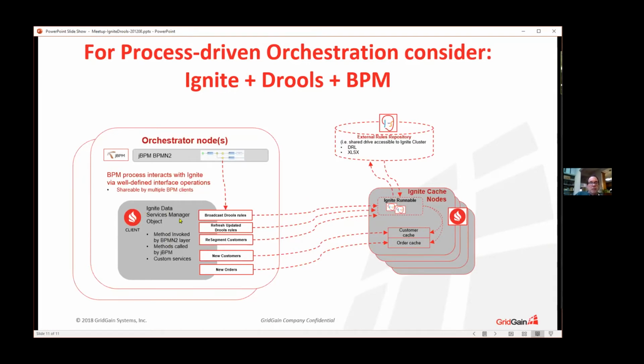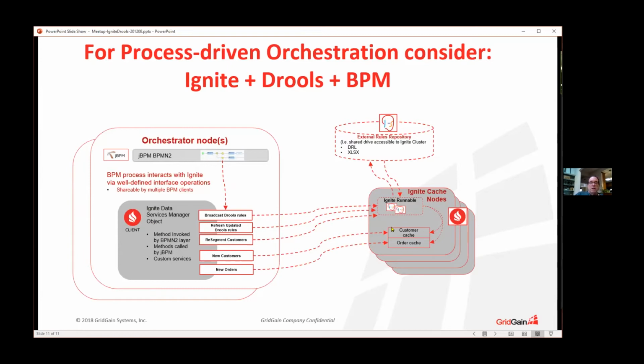But in addition, you might wrap the Ignite client that is doing both the cache operations, the cache puts and gets, as well as any of these Drools Ignite runnable calls, with some kind of a service object here, and you have some well-defined methods, and then you call the methods from your BPM layer.